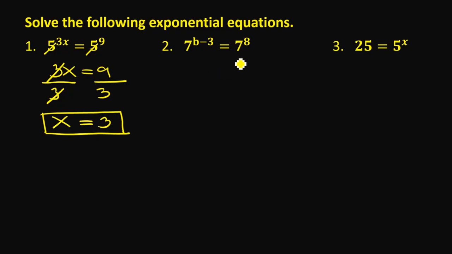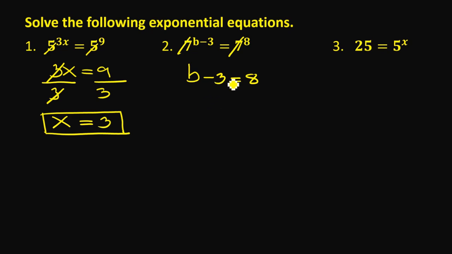Number 2, we have 7 raised to the power of b minus 3 equals 7 raised to 8. The bases are all the same, so we can cancel that out and then copy the exponents. We have b minus 3 is equal to 8. Next, solve for b.